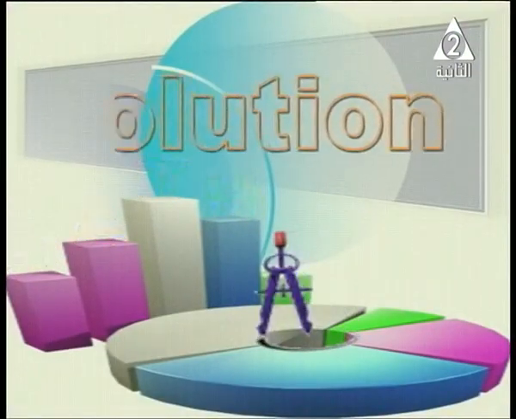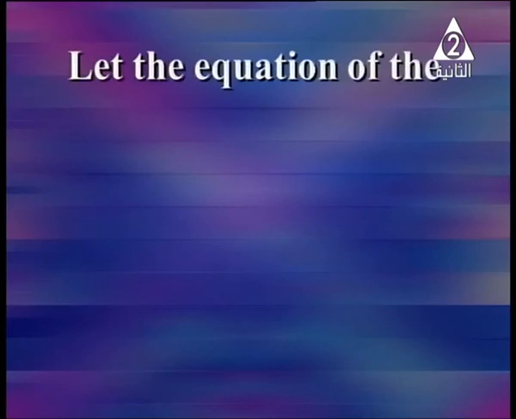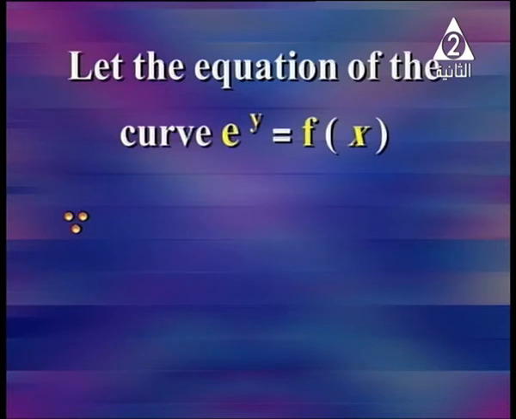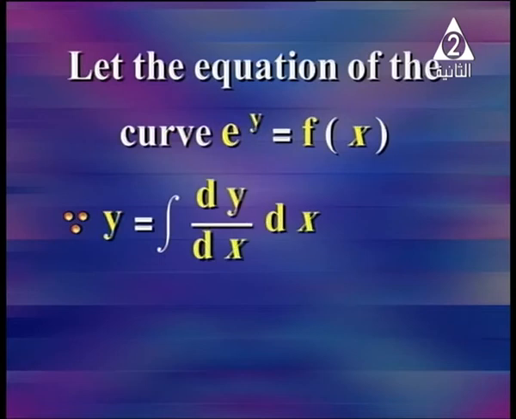Solution. Let the equation of the curve be y equals f of x. Then, since the integration of dy over dx is y, the equation of the curve is y equals f of x.